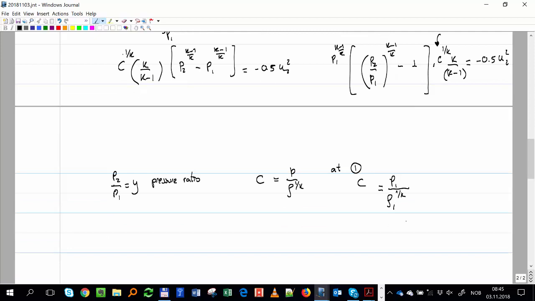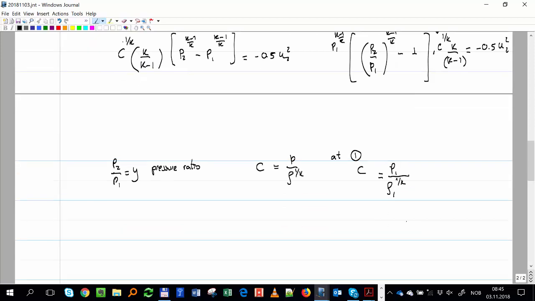And here the density 1 can be expressed as P1 over R H1 P1. And then I substitute in that equation.